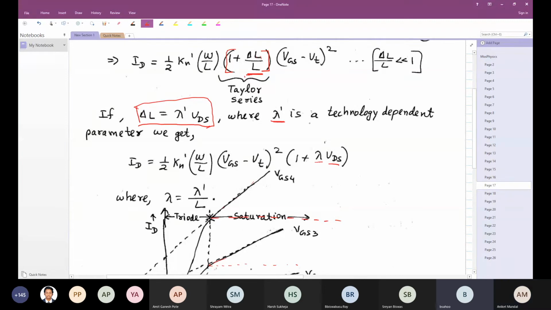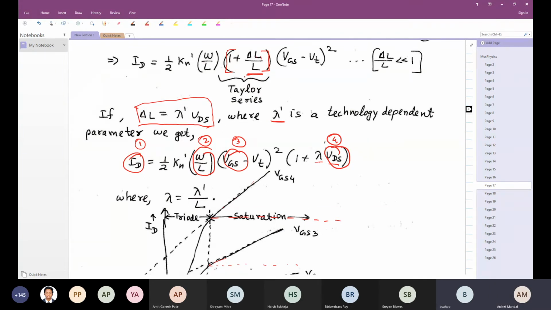You want to translate a device parameter back into a circuit level parameter. What are the circuit level parameters? You have one, aspect ratio; two, VGS; and three, VDS. These are the things you can control as a circuit designer.